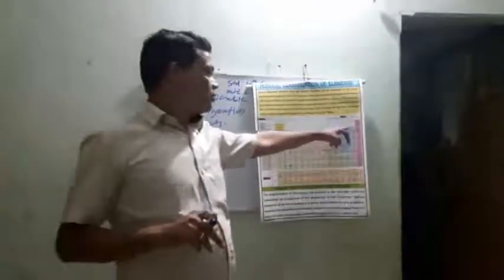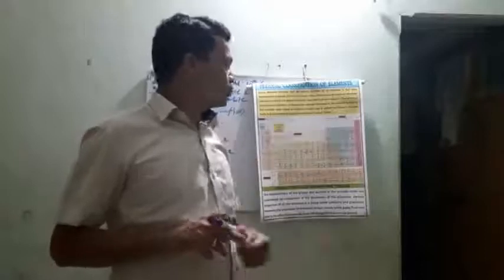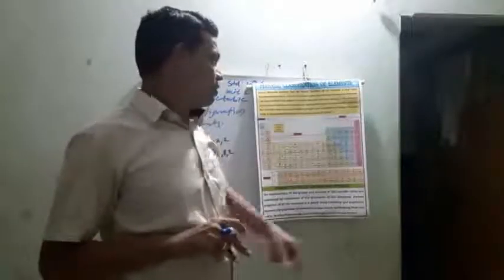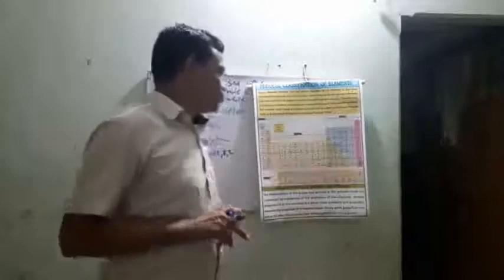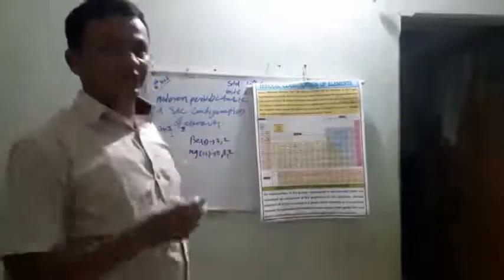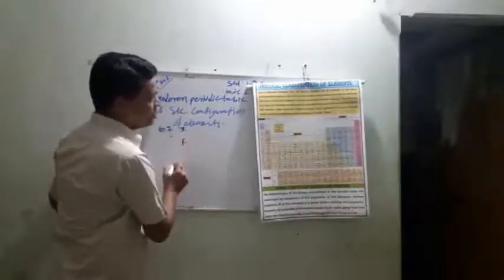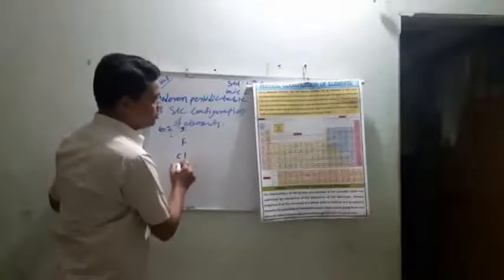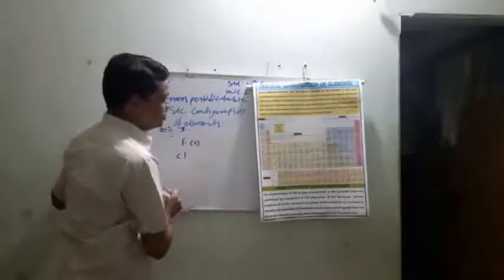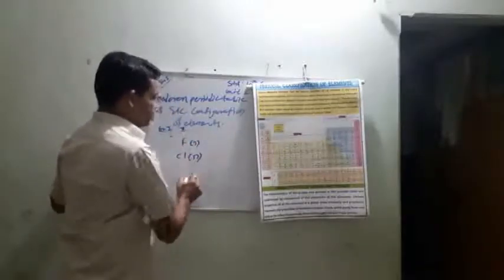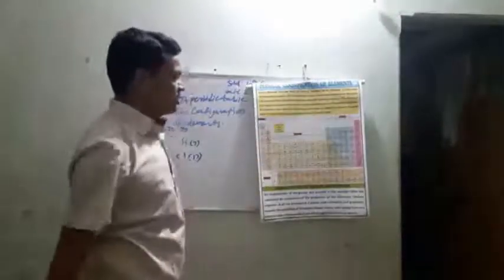So if you see group 17, and take some elements and write their electronic configuration, you will find, fluorine having atomic number 9, chlorine having 17. Similarly, you can write other elements also.